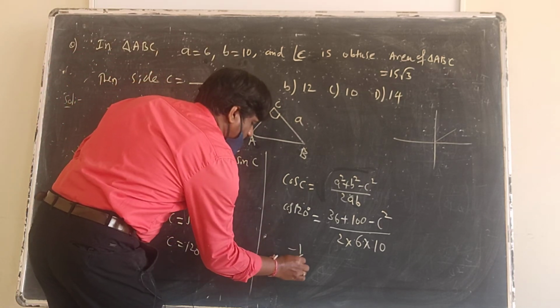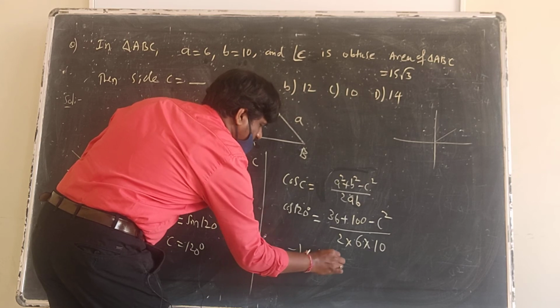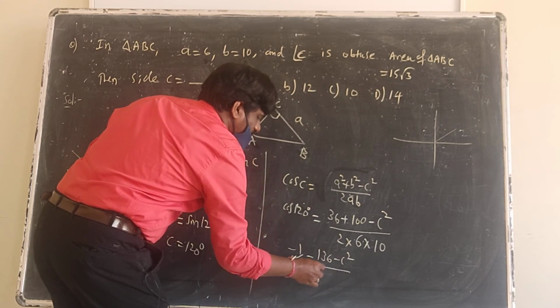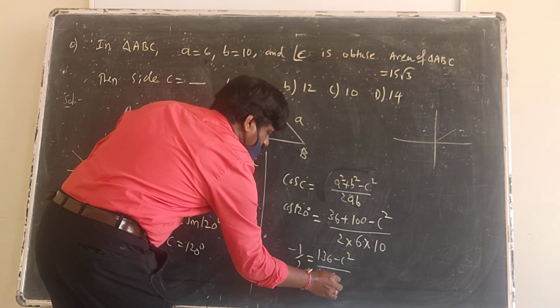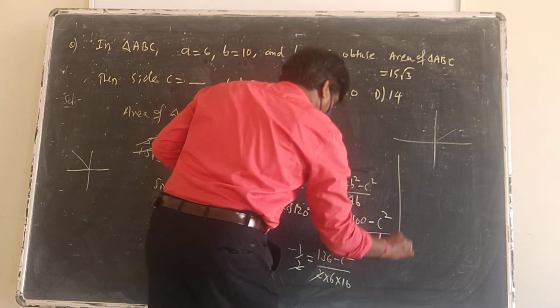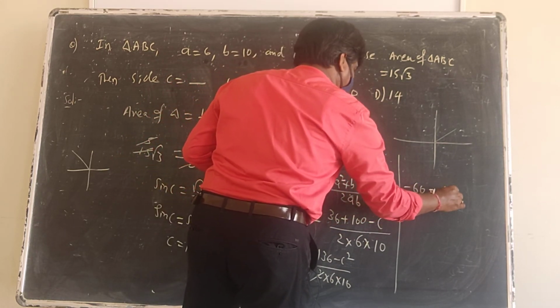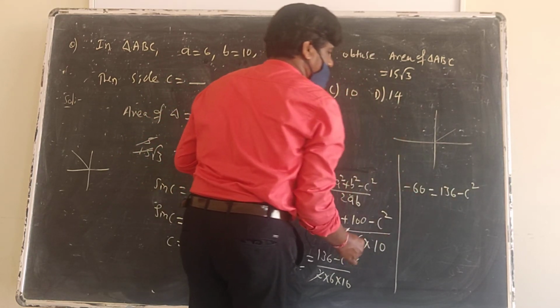So minus 1 by 2 is equal to 36 plus 100, 136 minus C square, upon 2 into 6 into 10. So 2 gets cancelled out. So what do I get here? Minus 60 is equal to 136 minus C square.